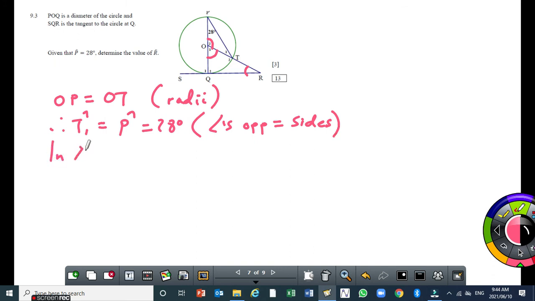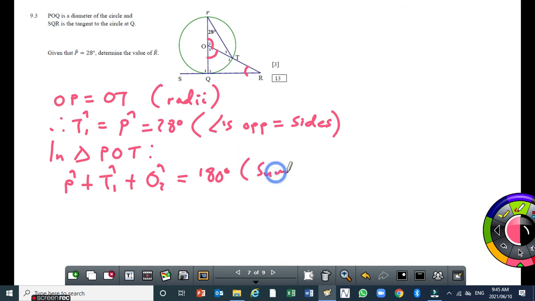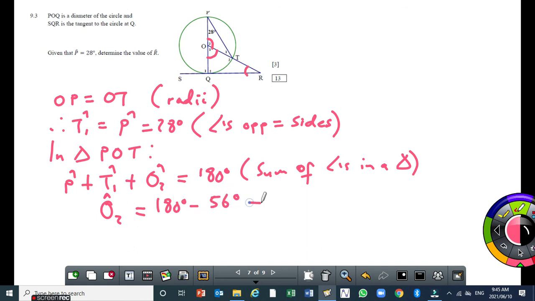Then I'll say, in triangle POT, angle P plus angle T1 plus angle O2 add up to 180. That is the sum of angles in a triangle. So O2 will be equal to 180 minus 56 degrees, which gives 124 degrees.